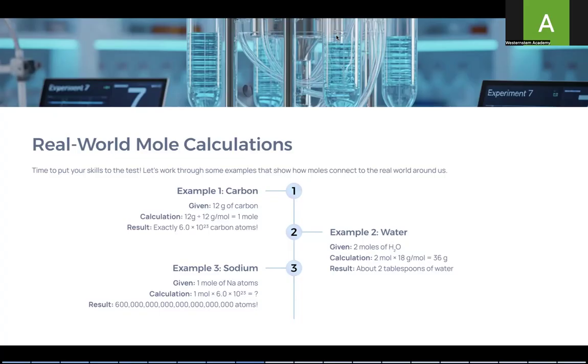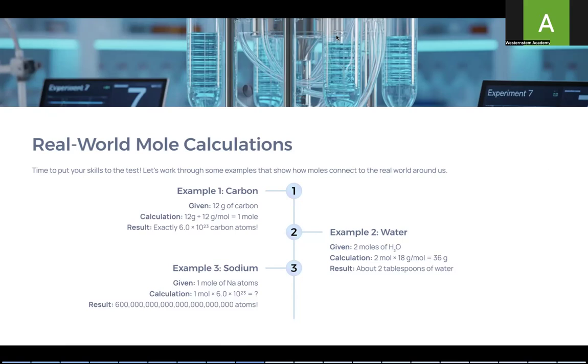Results showing exactly 6.0 times 10 to the 23 carbon atoms. Example 2, water, 2 moles of H2O. Calculation, 2 moles times the 18 grams per mole will give you 36 grams. So about 2 tablespoons of water.